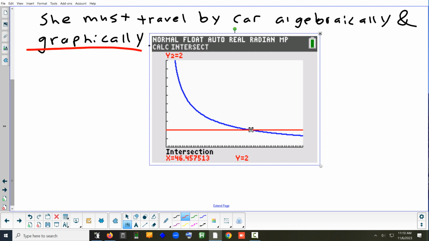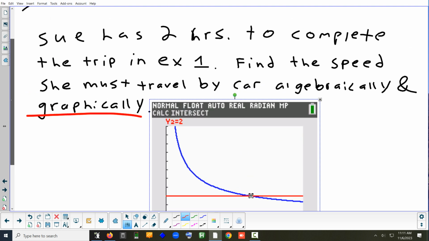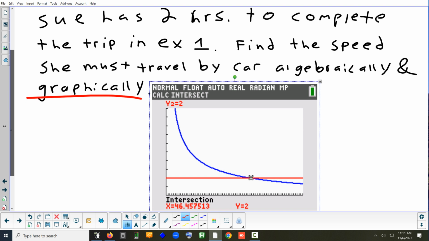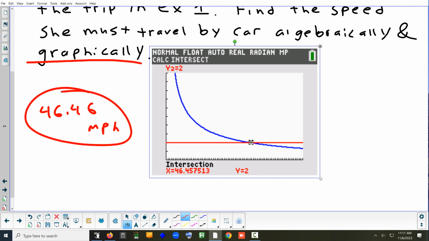So just be careful if you get all the way to this point. Pay attention to what they're asking for: the speed of the train or the car. In this case, they want to know the speed she must travel by car. So it is 46.46. Well, approximately. So any question on solving that graphically?